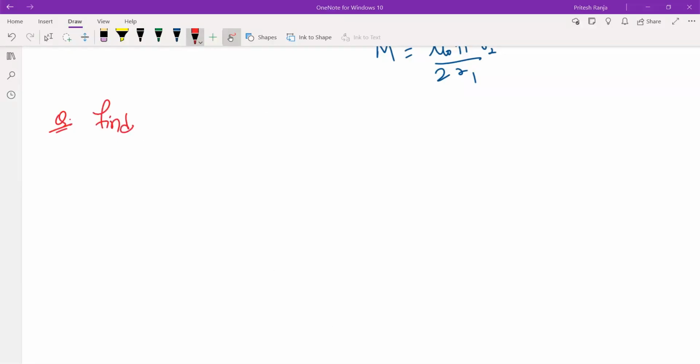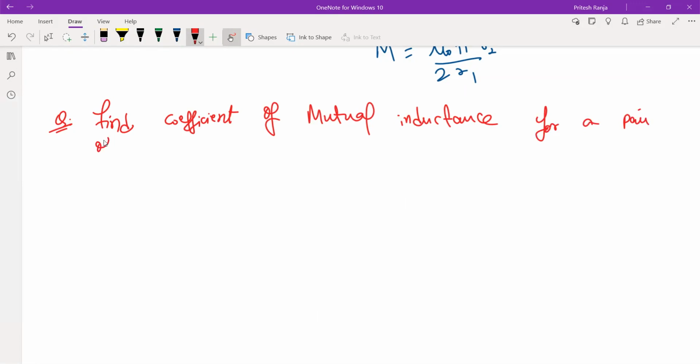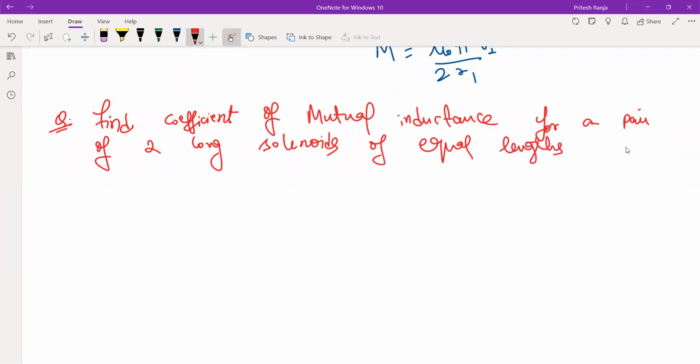We have to find the coefficient of mutual inductance for a pair of two long solenoids of equal lengths as under.